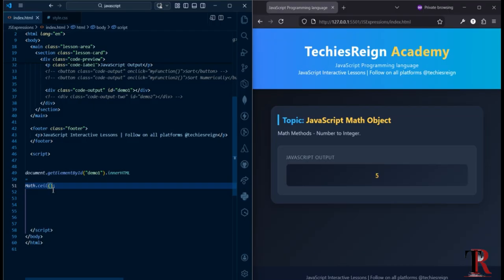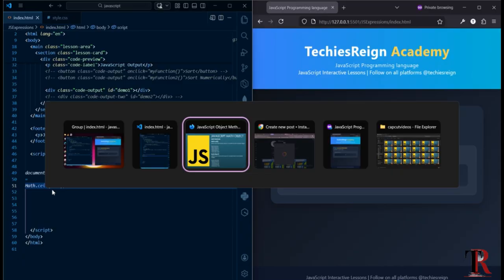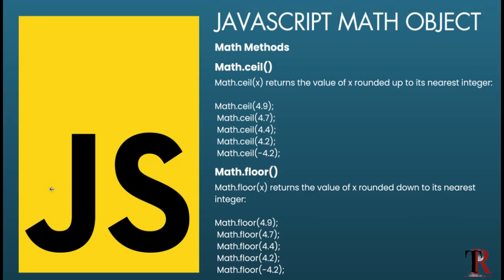Now, what if I use a negative number, minus 4.2? This is now minus 4. So only when I use a negative number do we round it down, which means that this is true: it's used to round numbers up to the nearest integer. The numbers in the example I just used, I got them from here. They are not any magic. So 4.9, 4.7, this is where I got them from.